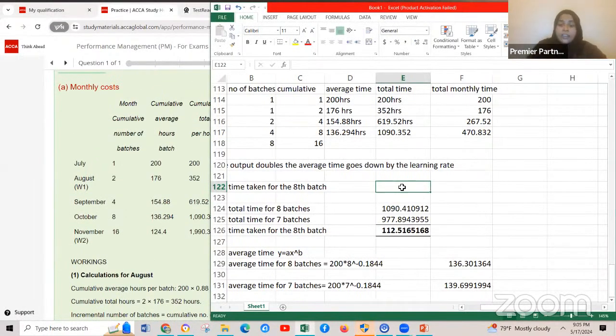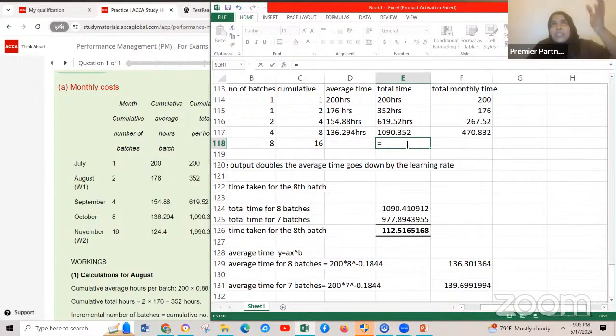So total time from 8 to 16, that is the 9th batch to 16th batch, is going to take like every batch. That means for the 9th batch to the 16th batch, there's 9, 10, 11, 12, 13, 14, 15, 16. There are 8 batches. For those 8 batches, you're going to be taking a total time of 900.1321, that amount, right?